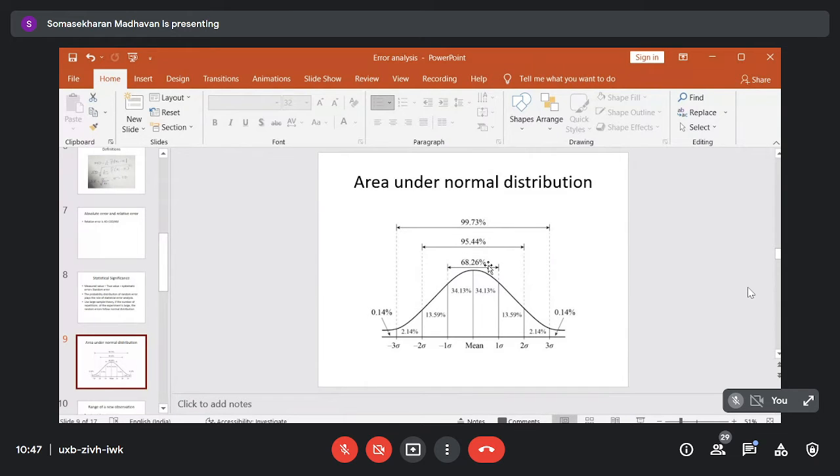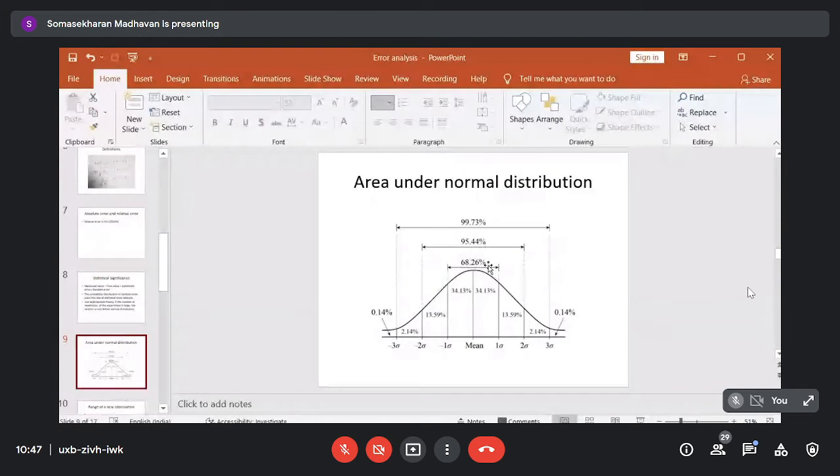Errors may not be exactly normally distributed. Usually they will follow a normal distribution when the sample size is sufficient, or even with 5 or 6 measurements there will not be any problem. But if you take 2 observations, it may not follow like this.